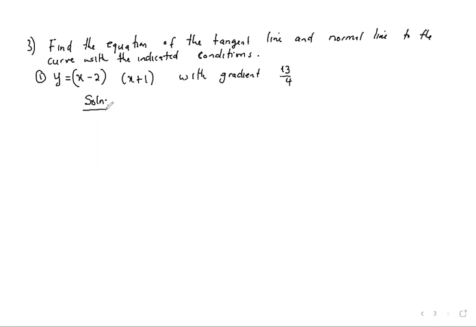Solution. So we got here, we expand. So say y is equal to x squared plus x minus 2x minus 2, which is equal to x squared minus x minus 2.